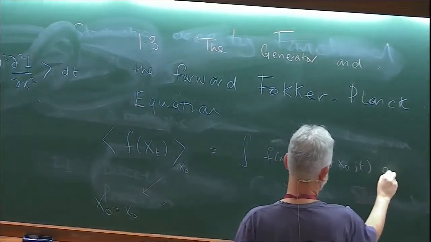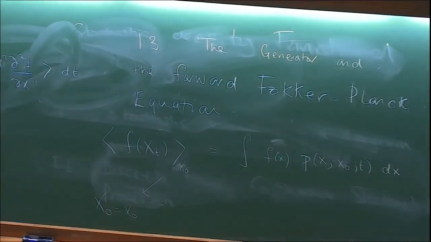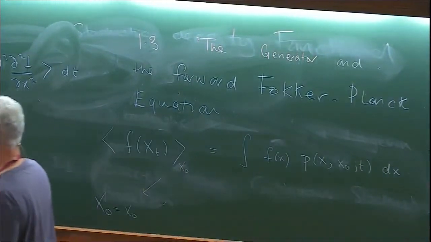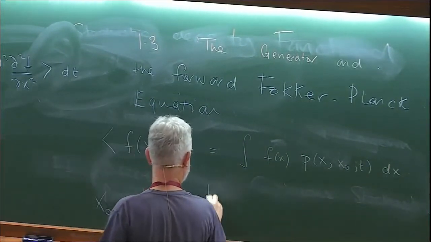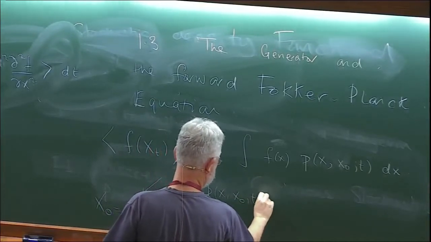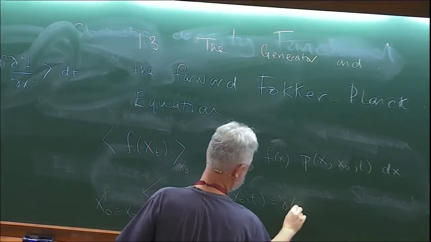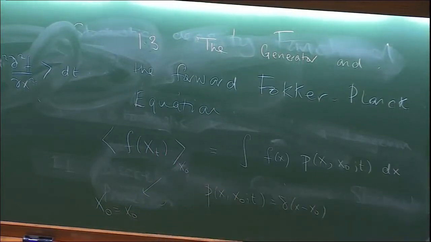So I just integrate over all the values. That's the expected value of f of x of t. But I don't know yet what the probability distribution function is. The initial condition on this PDF is, of course, equal to delta of x minus x0, okay? That's just a definition, right?